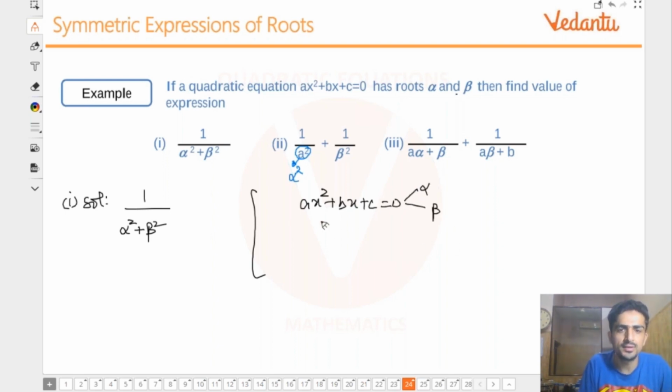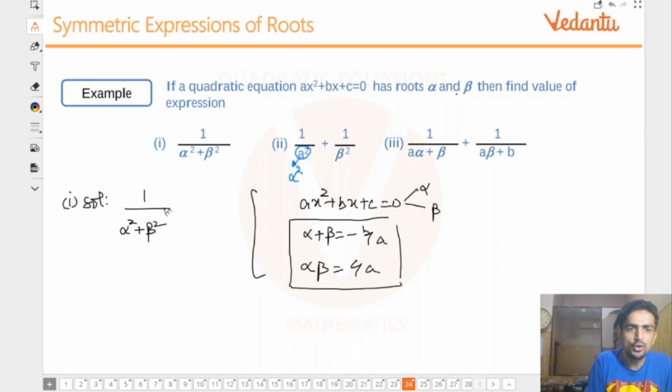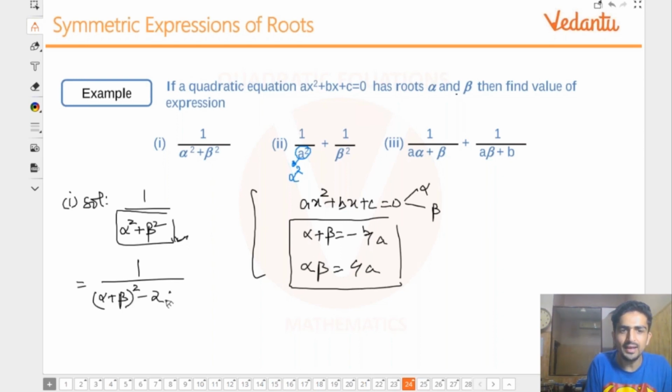From here, we can certainly write alpha plus beta is minus b by a and alpha into beta is c by a. Now how can we use these two pieces of information to find this? That is something we just did. We will express this in terms of alpha plus beta and alpha into beta. The moment we do that, we just put in their values and we get the answer.